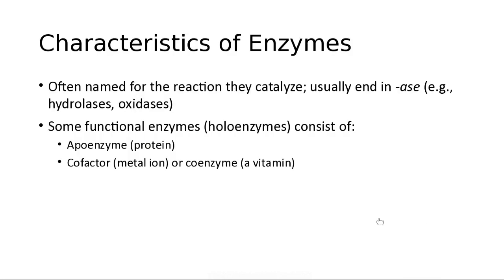Now, they're often named for the substance they catalyze. They may end in the suffix -ase, like peroxidase breaks down hydrogen peroxide. Now, some enzymes, the functional enzyme or holoenzyme, has the apoenzyme, which is your protein, and then a cofactor, which may be a metal, or a coenzyme, which is going to be a vitamin.